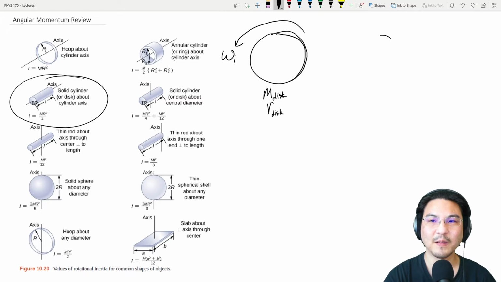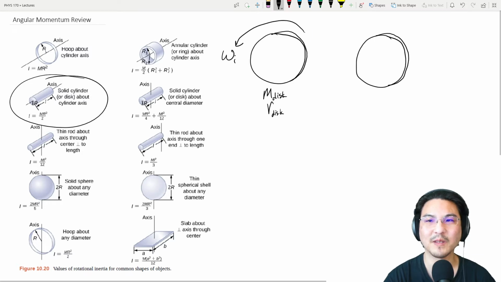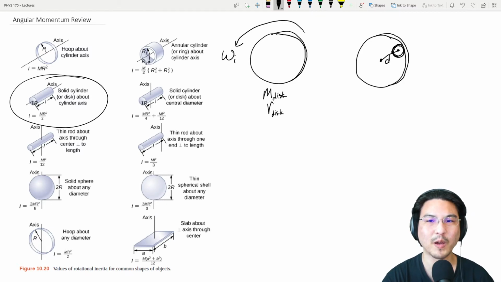Okay, and then you drop a ball of clay onto the pottery wheel. So let's say a ball of clay right here. Okay, and then we know the distance is some distance d between the center of the pottery wheel and the center of your ball of clay. So that's given.